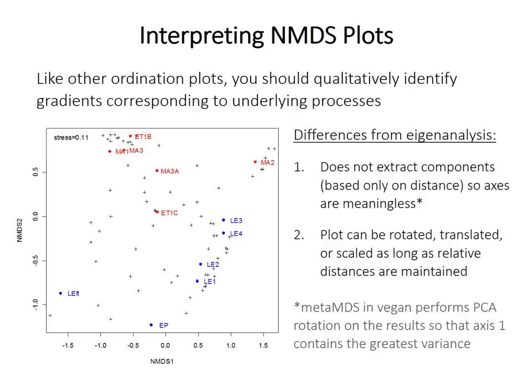I said that the axes don't mean anything, but I will note that in R, what it does is actually perform a PCA on your ordination results after they're obtained. So axis 1 is supposed to be the greatest variance in the ordination space, so not the original data, but in ordination space.